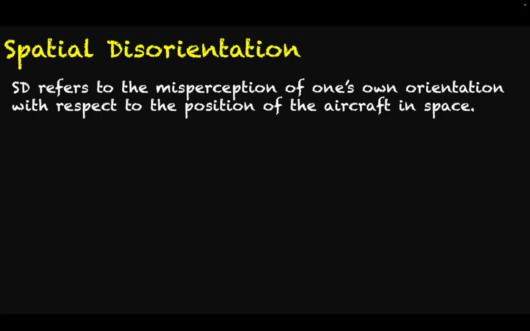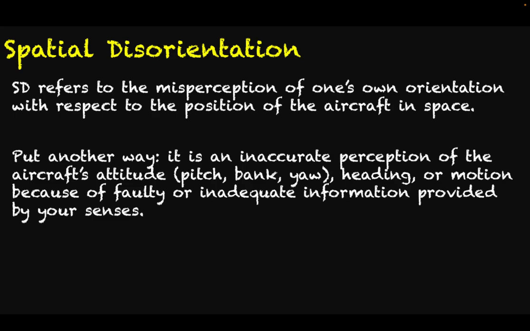So, spatial disorientation refers to a misperception of your own body's orientation in space and with respect to the position of the aircraft in space. Another way of putting this, it's having a less than accurate perception or idea of your aircraft's position or attitude: what the pitch is like, what the bank is like, what the yaw is like, the aircraft's heading, what direction it's going, how fast it's going.